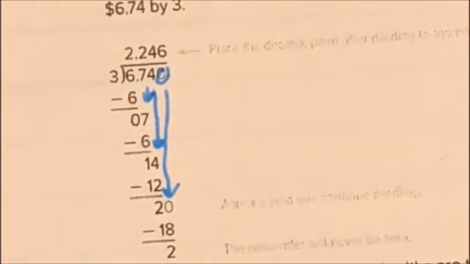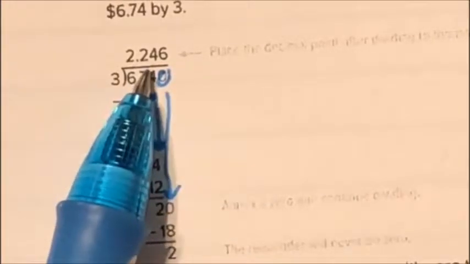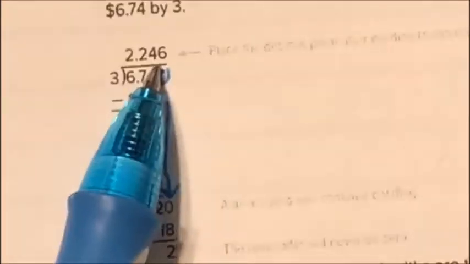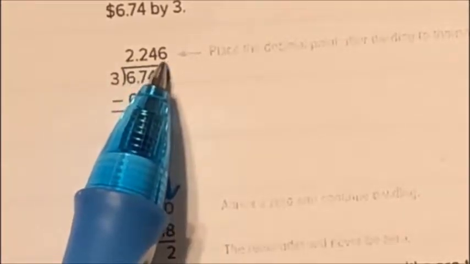Okay, now I'm going to start getting repeating. But I needed to know the cost per pound, right? So if I'm dealing with cost, I only need to round to 2 decimal places. So I have 2.246.